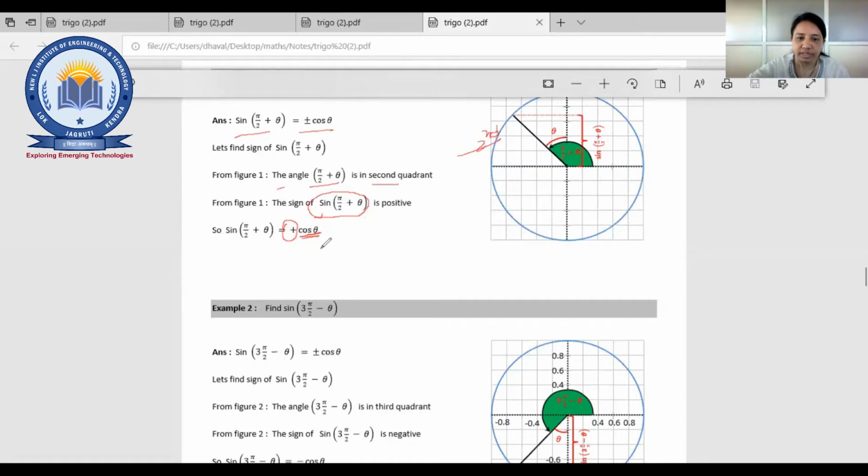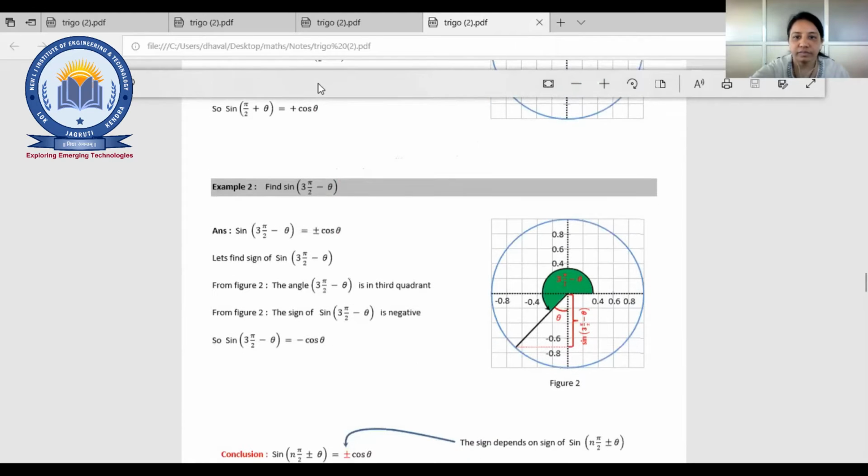Answer is cos theta, and the sign depends upon the sign of the given function. Okay. Same way, 3 pi by 2 minus theta. So 3 pi by 2 minus theta will be in which quadrant? The third one, right?